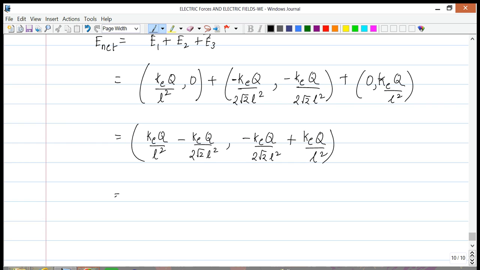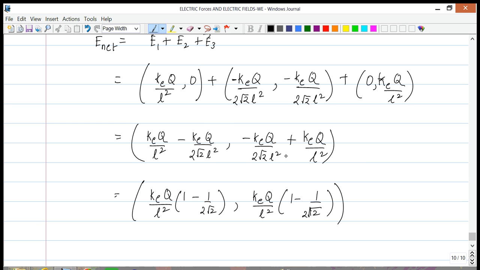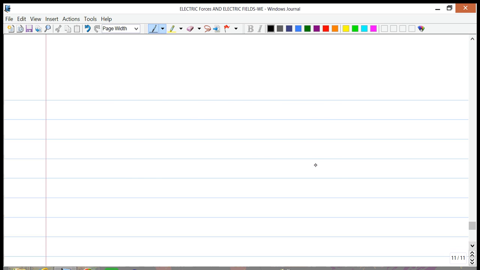You do a little bit of algebra and you see that I can factor out a lot from each of these. So I get Keq over L square times 1 minus 1 over 2 square root 2, comma Keq over L square times 1 minus 1 over 2 square root 2. These are our two components.